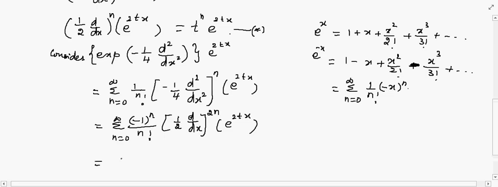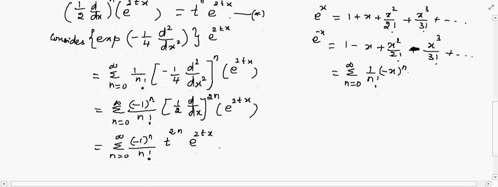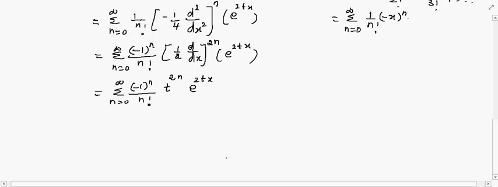So this will be sigma n equal to 0 to infinity minus 1 power n divided by n factorial into t power 2n e power 2tx. Okay, and this e power 2tx is independent of the summation, so I can take e power 2tx outside.